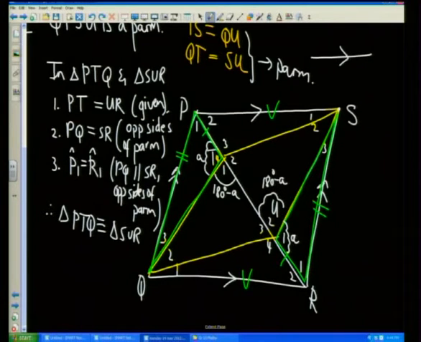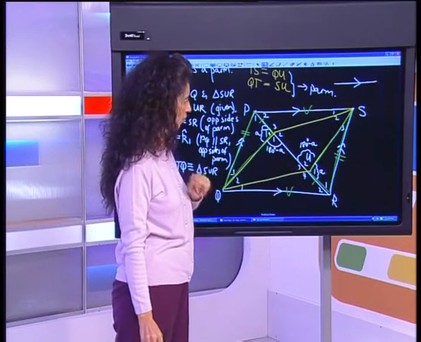So it makes this pair of sides parallel because our alternate angles are equal.